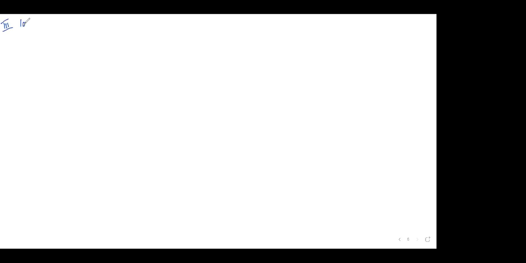That is the Newton's third law of motion. I think you are very familiar with this Newton's third law of motion. What's the statement?